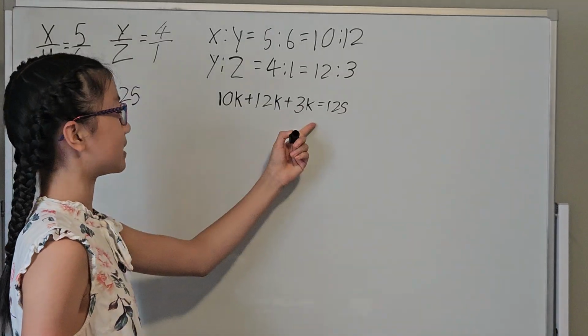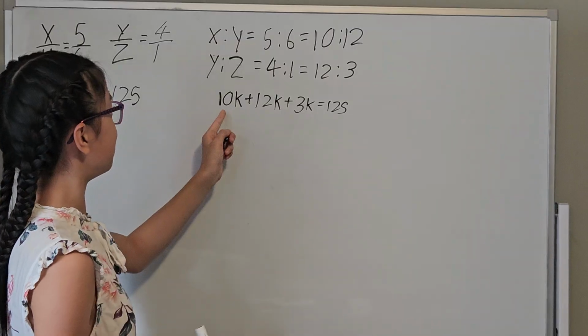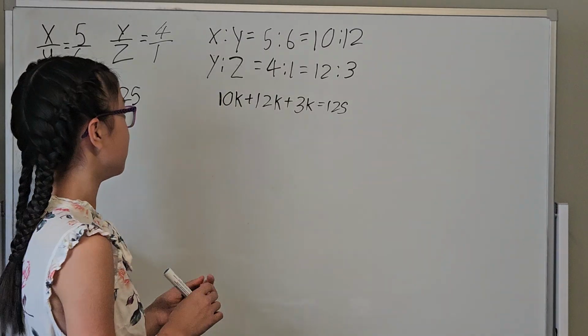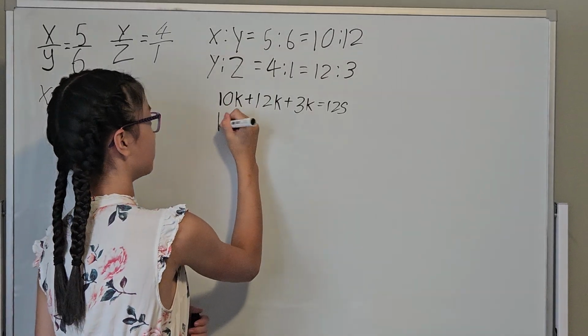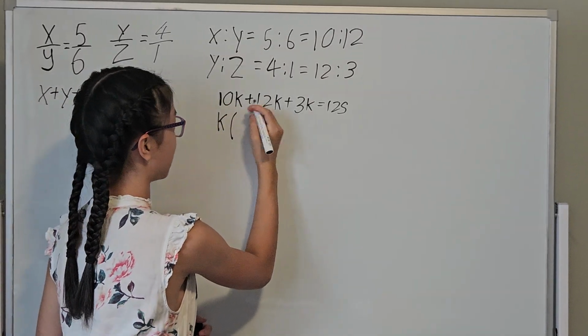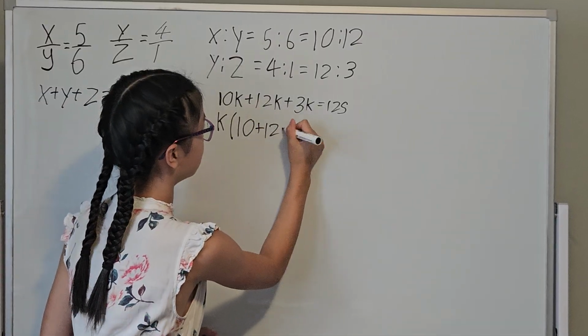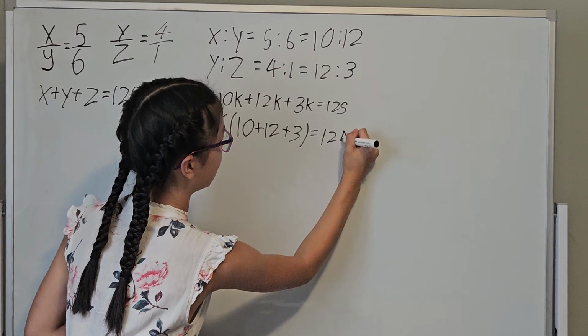So we have this, and then we can factor out the k, since all three of these numbers have the factor k in it. So k bracket 10 plus 12 plus 3, and that equals 125.